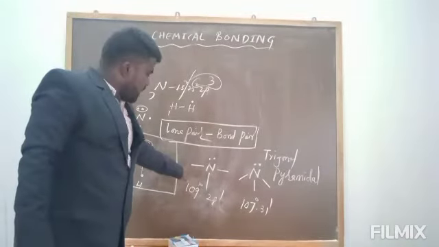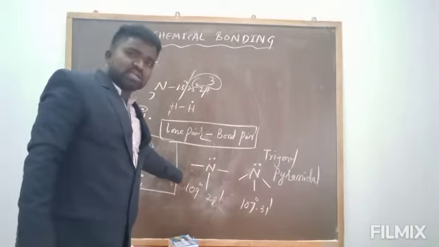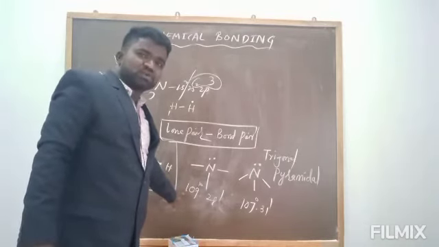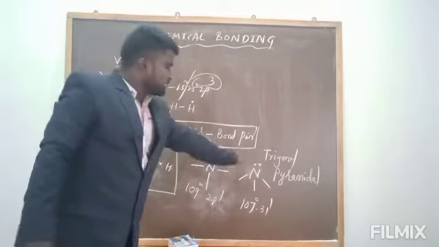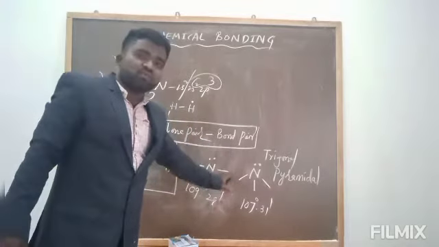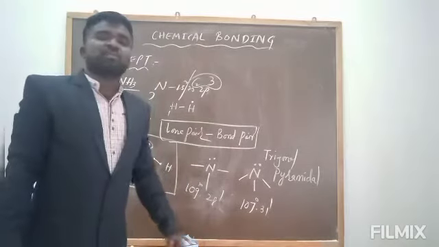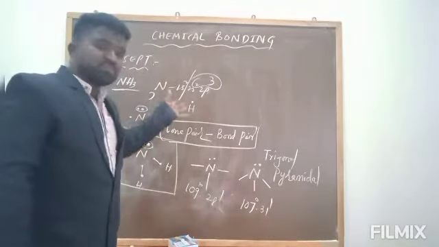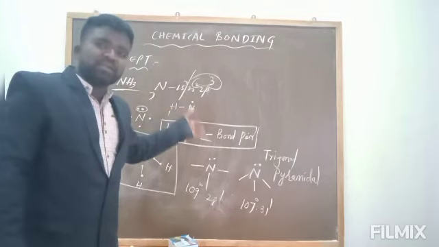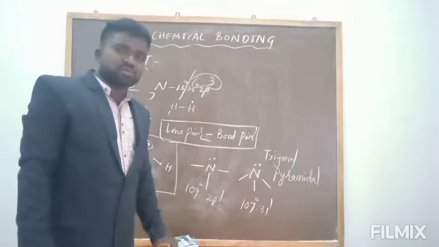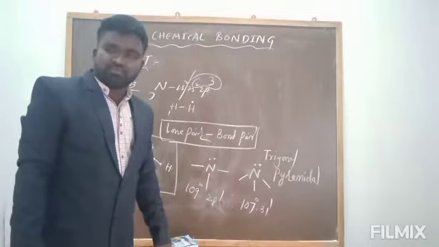Before repulsions, the ammonia molecule is tetrahedral with bond angle 109 degrees 28 minutes. After repulsions, the bond angle changes to 107 degrees. So tetrahedral becomes trigonal pyramidal. So this is the repulsion between nitrogen and hydrogen atoms in the ammonia molecule.